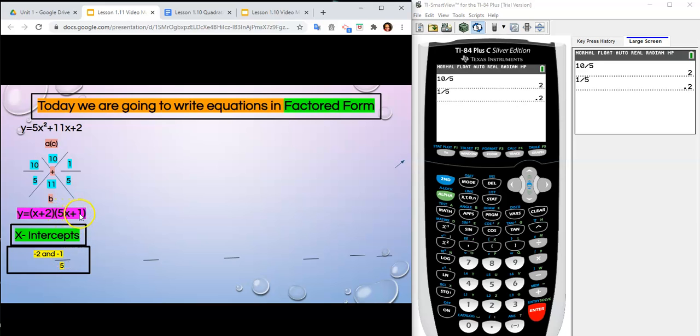So we just take this number and we divide it by this number. Our x-intercept is whatever this number is, but it's just going to be the opposite. So as you can see, or if you remember that this was just 2, my x-intercept would be -2, which is shown here.